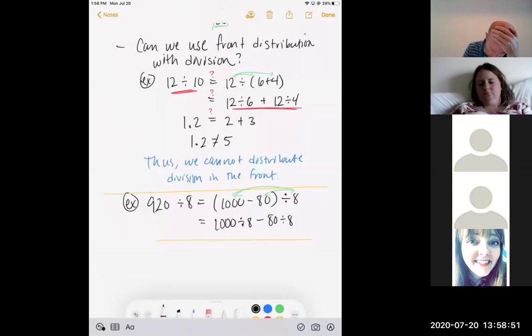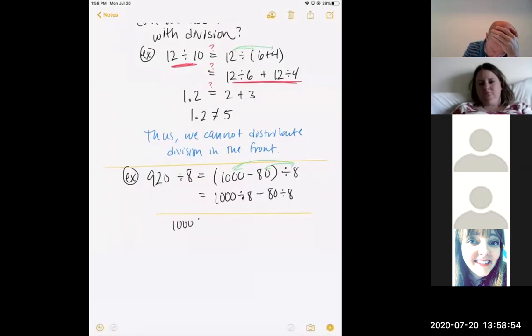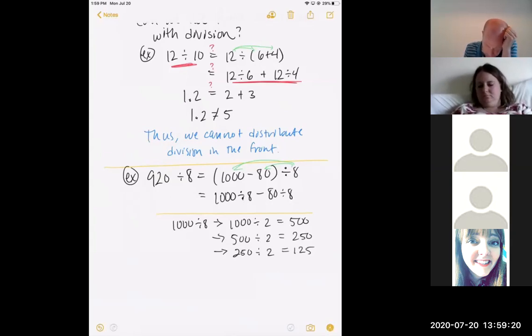What we're thinking about is 1000 divided by 8, which means I'm going to take 1000 divided by 2 3 times. The first time is 500. Second time we get 250, the third time we get 125. So if you take a number and you want to divide by 8, you half it 3 times.